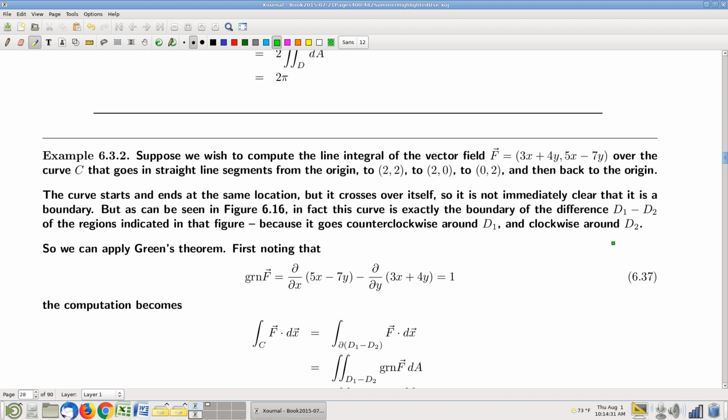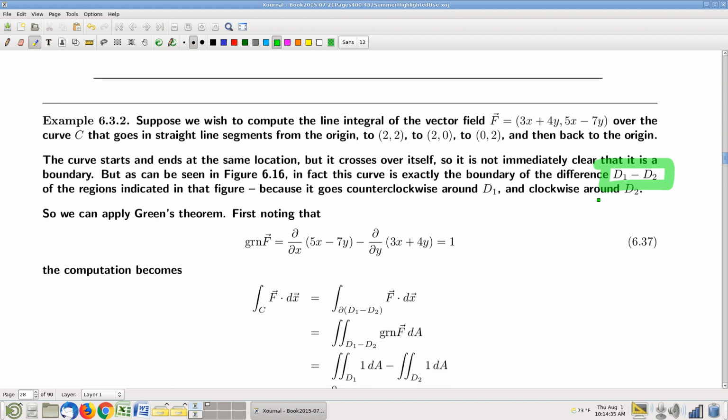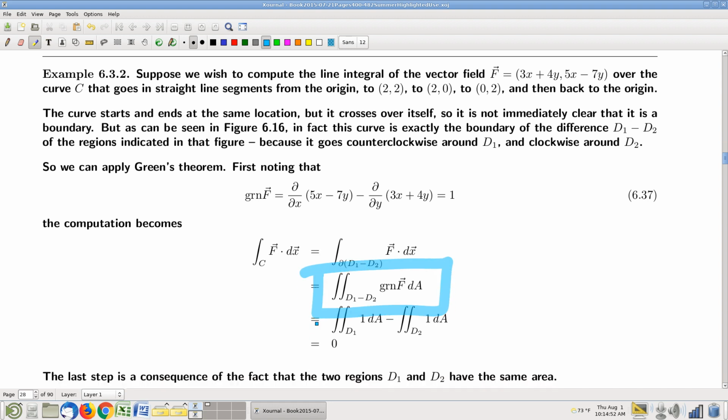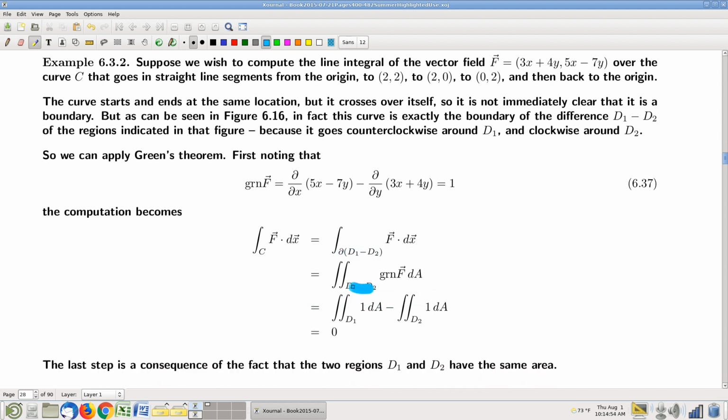We have ourselves an anti-boundary, and so Green's theorem says that this curve, which is that boundary, Green's theorem allows me to rewrite the line integral as a double integral. And now I just have to compute a double integral over this domain D1 minus D2. Now remember, when you have different domains that you're plugging into the same integral, you just compute those integrals separately.